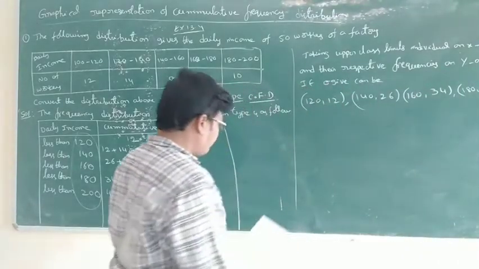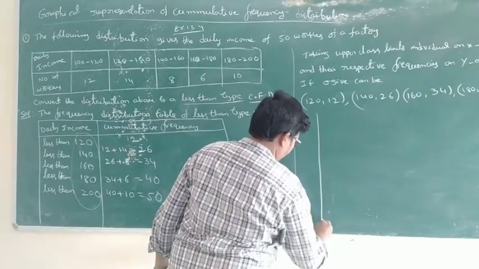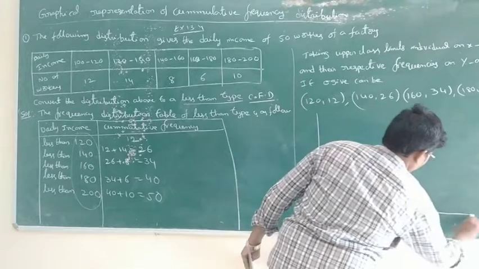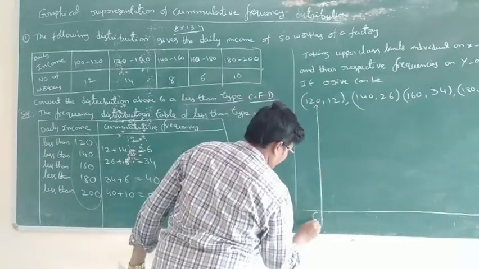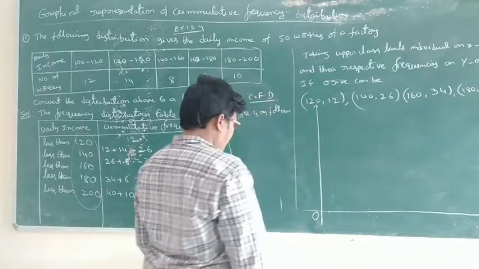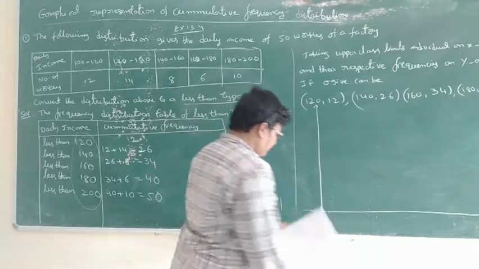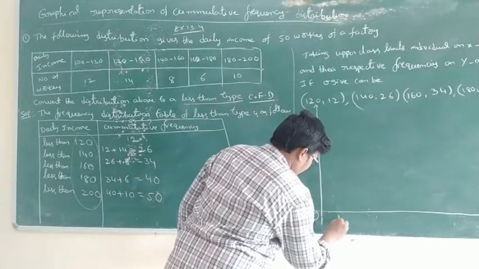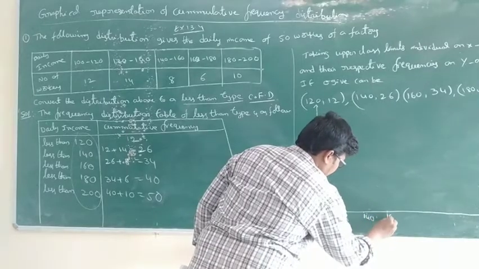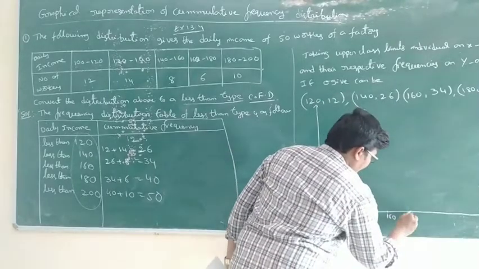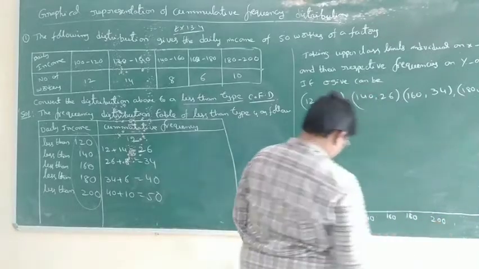So the graph is this. This is 0. On the x-axis the upper limits: 120, 140, 160, 180, 200.